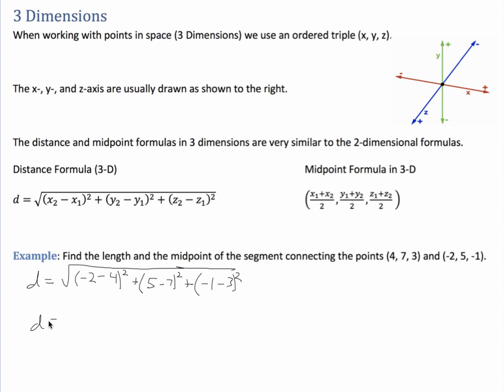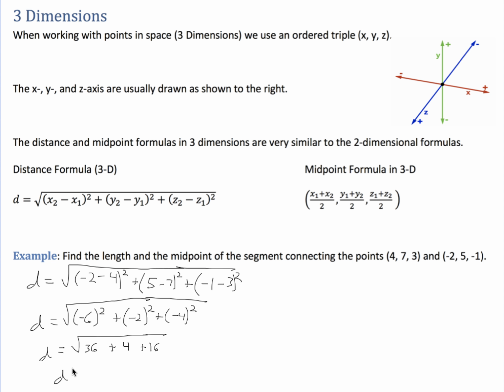And that gives us negative 2 minus 4 is negative 6 squared. 5 minus 7 is negative 2. We're squaring that. And then negative 1 minus 3 is negative 4, and that's squared. So we got the square root of, negative 6 squared is 36, plus negative 2 squared is 4, plus negative 4 squared is 16.